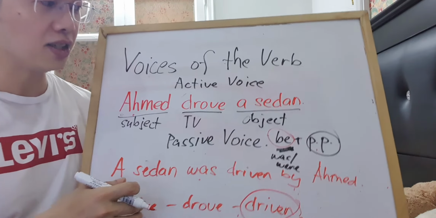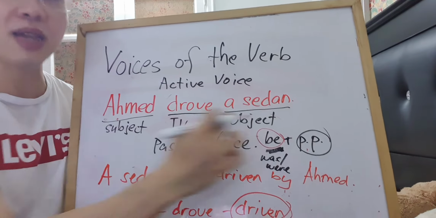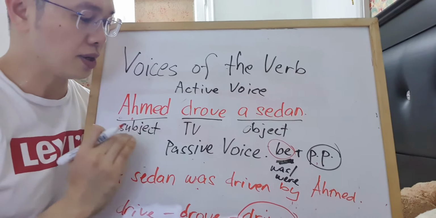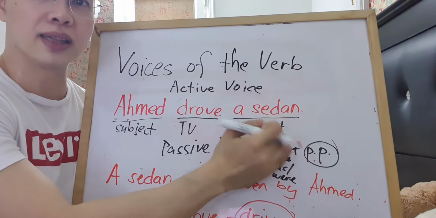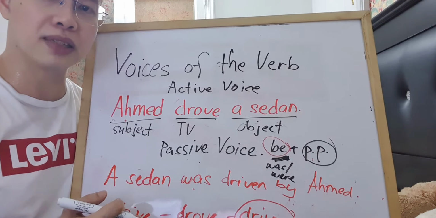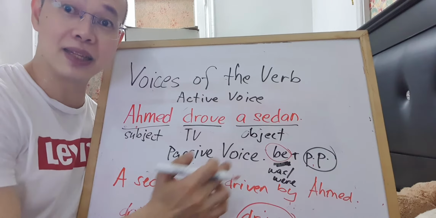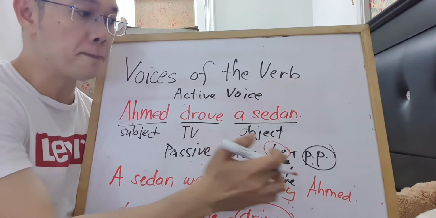So again, to change the active voice to passive voice, you only have to label the parts in the active voice sentence. Subject, verb, transitive verb, object. The object will become the subject in the passive voice. Your main verb will be be plus PP.